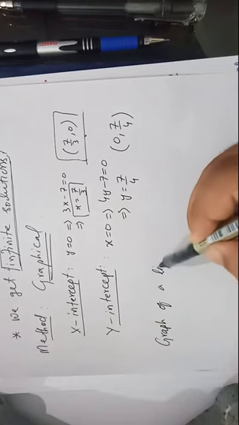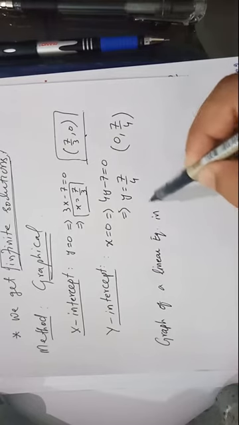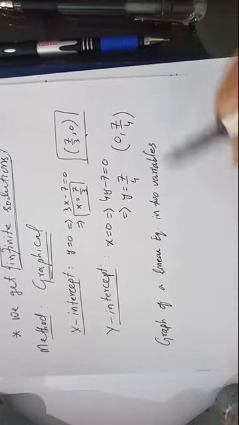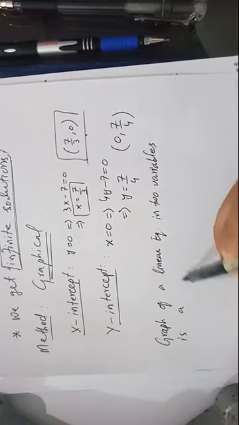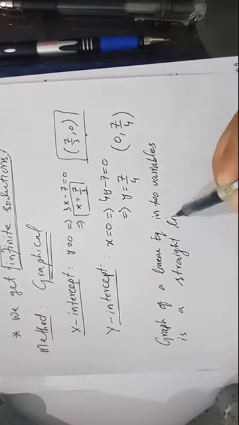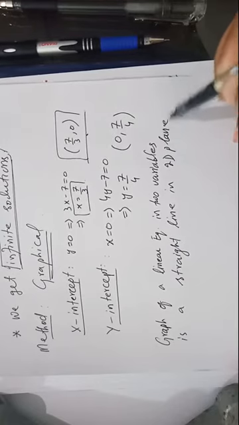So from here you remember 2 points. The graph of a linear equation in two variables, meaning two unknowns, is a straight line in a two-dimensional plane.